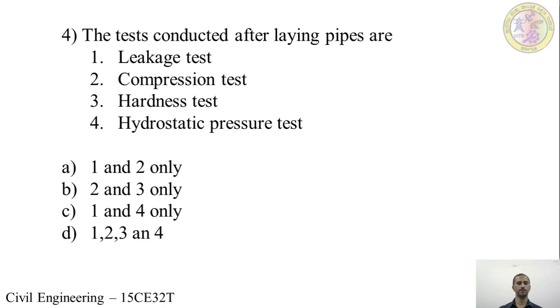And the options are A 1 and 2 only, B 2 and 3 only, C 1 and 4 only, D 1, 2, 3 and 4. And the answer is C, 1 and 4 only. The tests conducted after laying pipes are leakage test and hydrostatic pressure test, 1 and 4.